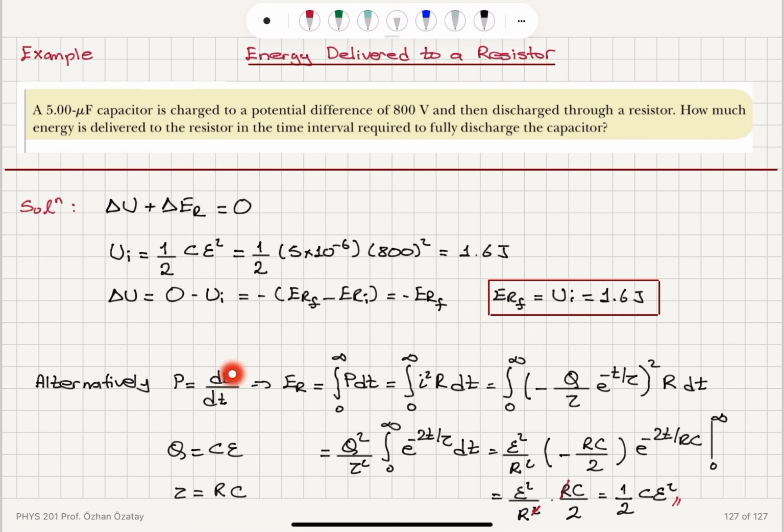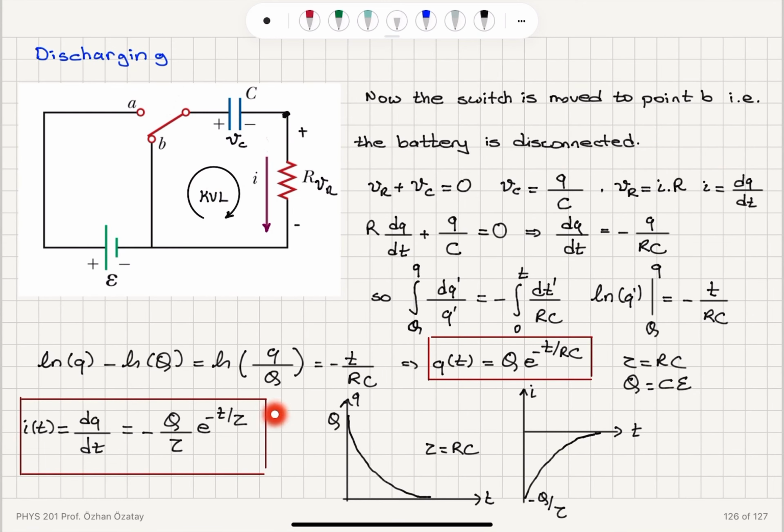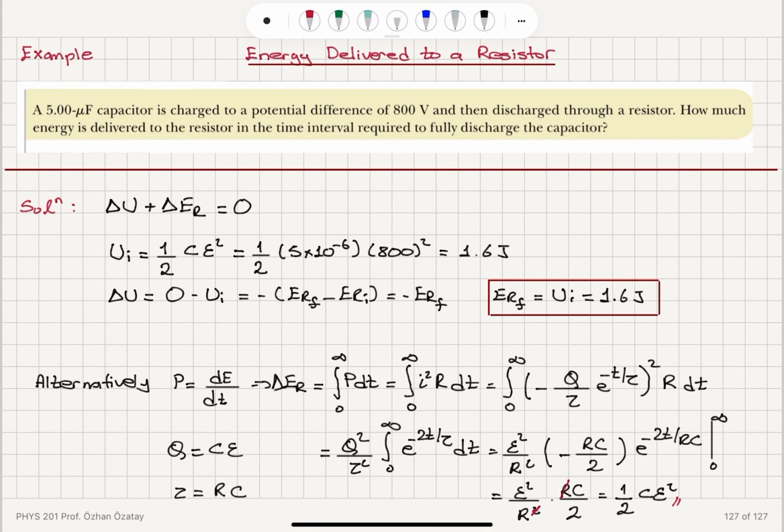Alternatively, if you look at the power delivered to the resistor, that is dE/dt, the total amount of energy delivered to the resistor, delta E_R, will be equal to the integral from 0 to infinity of P dt, and the power is time varying, it's I squared R. And this is a discharge process, as we have calculated in the previous video, with current minus Q over tau e to the minus t over tau. If we substitute this, take its square and perform the integration from 0 to infinity, we obtain exactly the same result, 1/2 C epsilon squared.